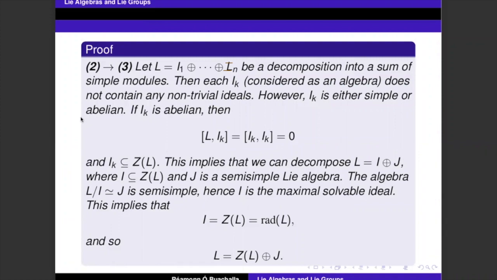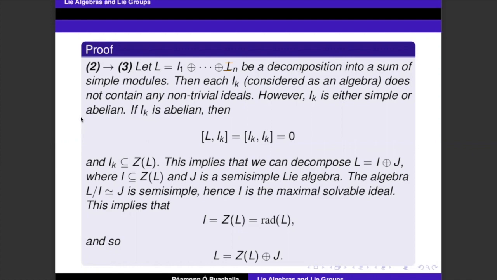We can do this because by assumption two, this is what we can do. Then each I sub k, considered as a Lie algebra, does not contain any non-trivial ideals. However, I sub k is either simple or abelian.